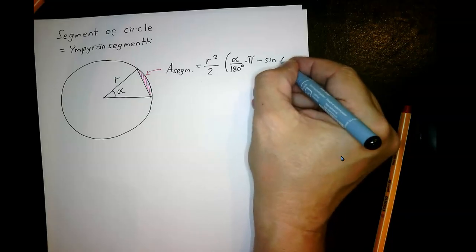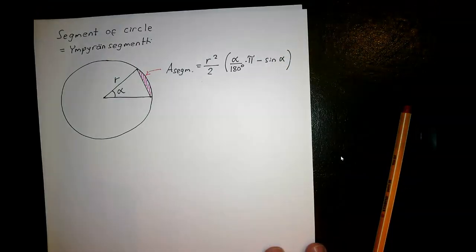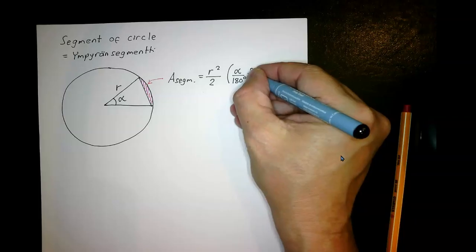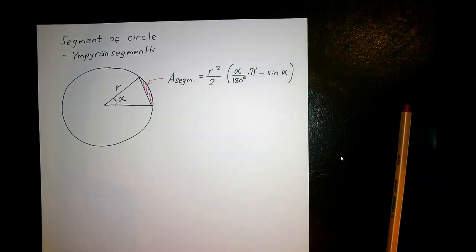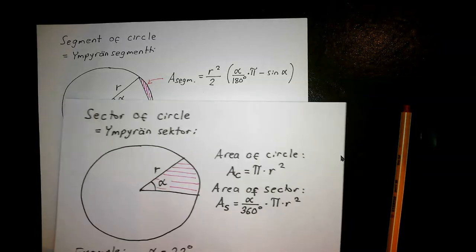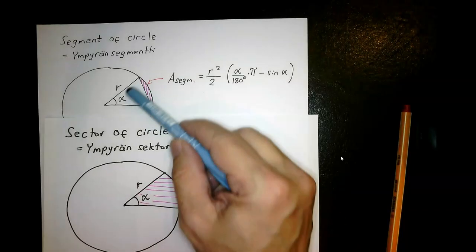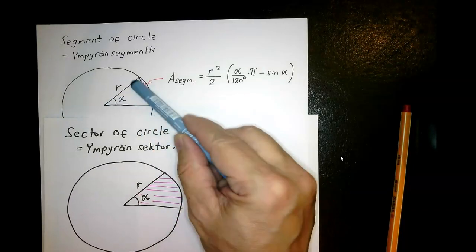It is possible to derive this formula or prove this formula, but I'm not going to do that. It is not a very hard problem. It is a formula which is actually derived from this formula here and from the area of this triangle.